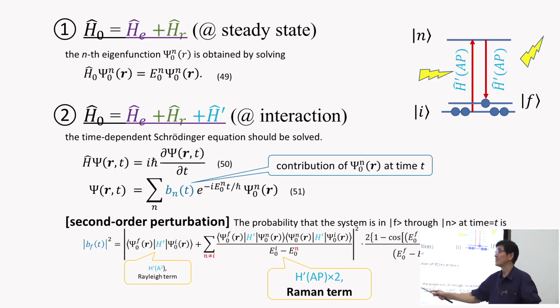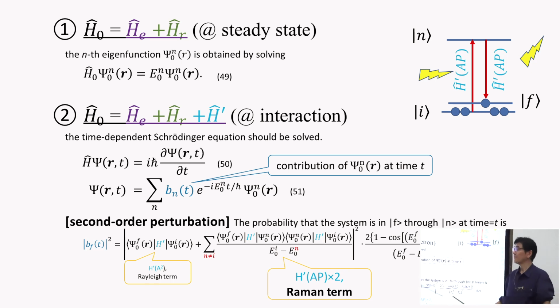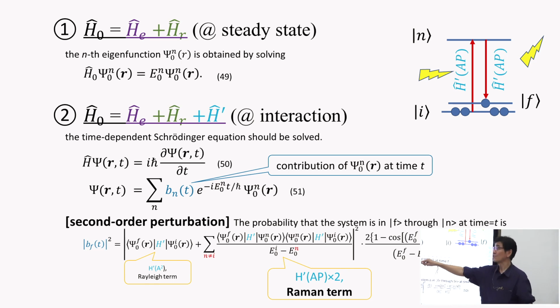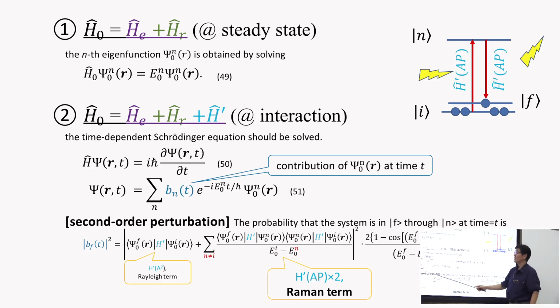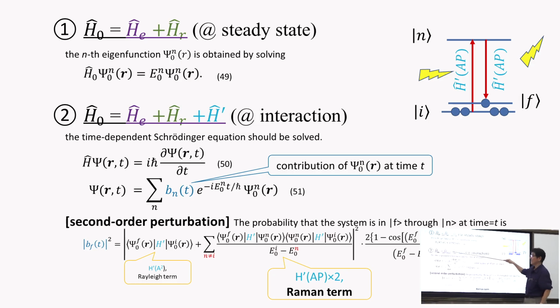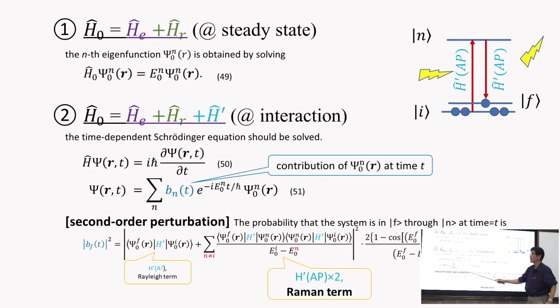Okay, so this is given by equation 50. And we can assume the solution of this time-dependent Schrödinger equation like this. In the first case, the wave function is a function of the position vector r only. But now, this is time dependent. So the status of the molecule becomes a function of the position vector r as well as the time t.